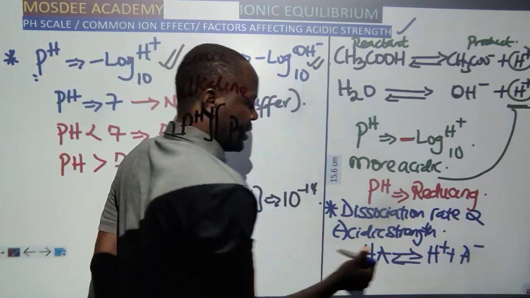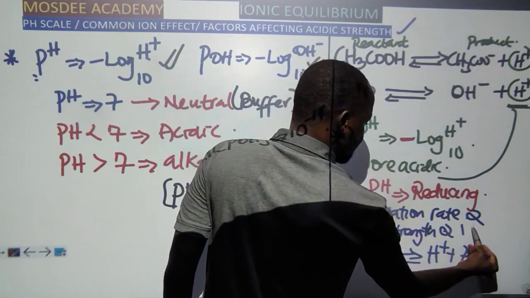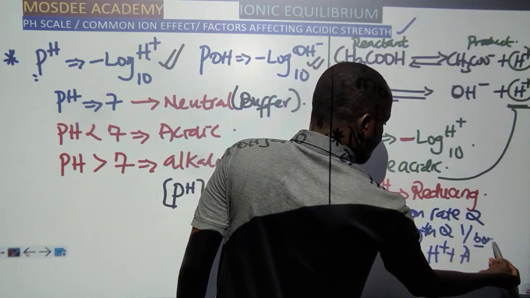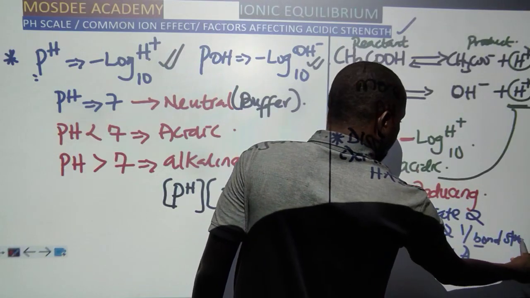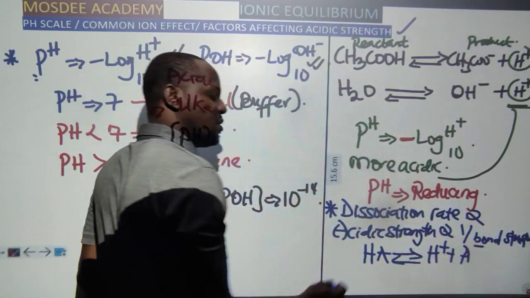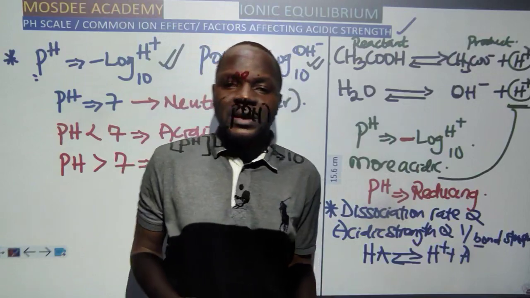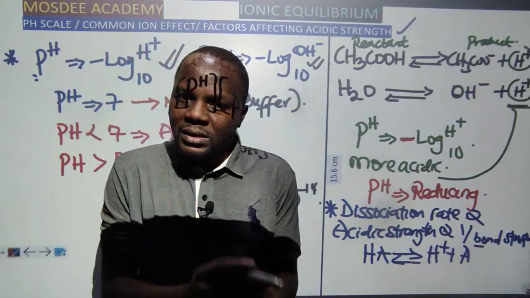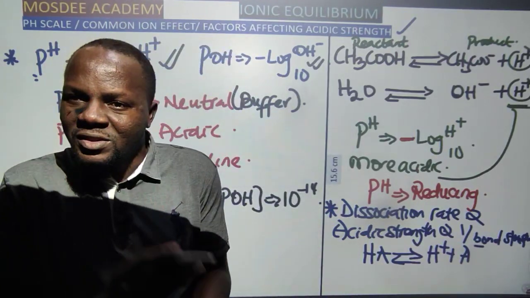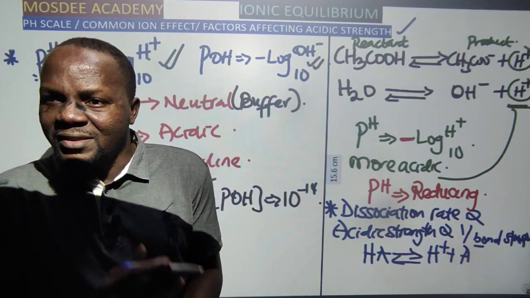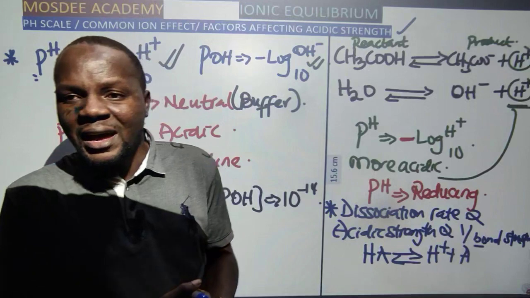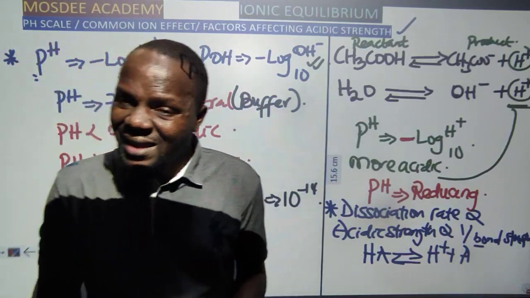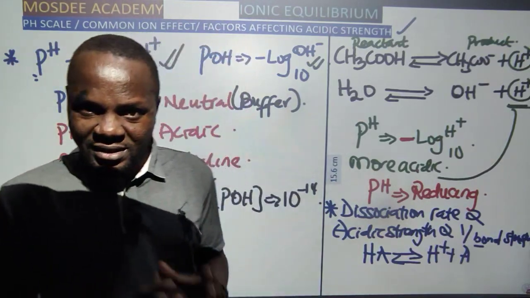So you can also say it is inversely proportional to the bond strength. The more the substance can dissociate, the more acid will be formed, and the weaker the bond. I hope you get this analogy.